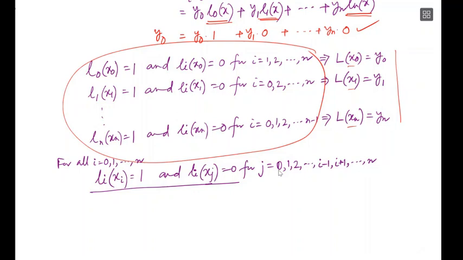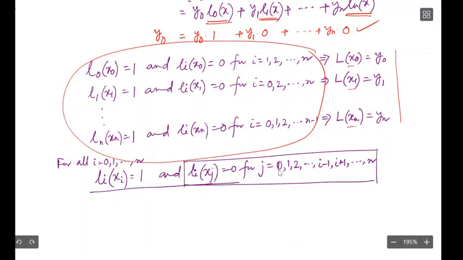Now, if we consider this thing, Li(x) is a polynomial in x which has the roots x0, x1, x2, xi minus 1, xi plus 1 up to xn.